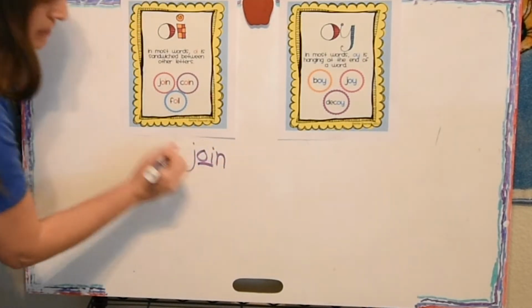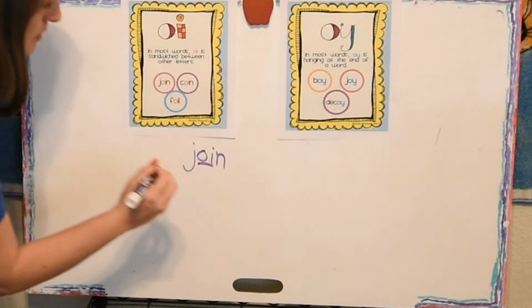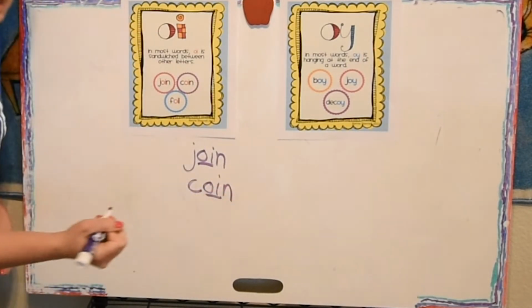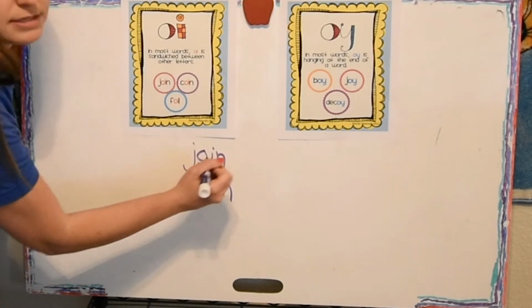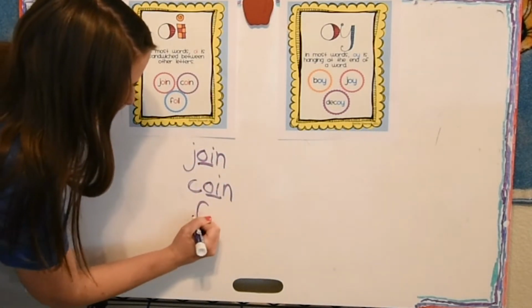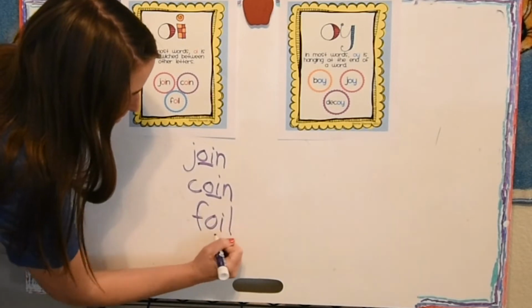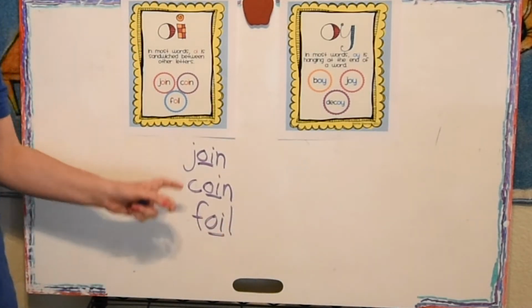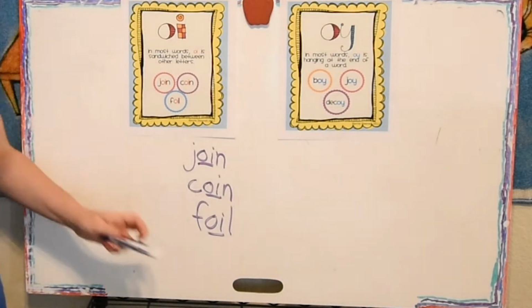The OI is in between the J and the N. Another example would be coin, between the C and the N. And then we have foil. The oi sound is in the middle, so we write the OI, okay?